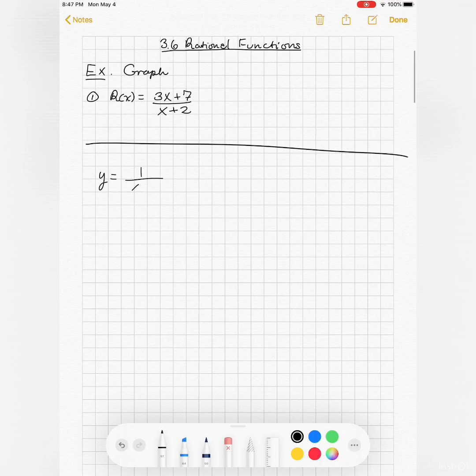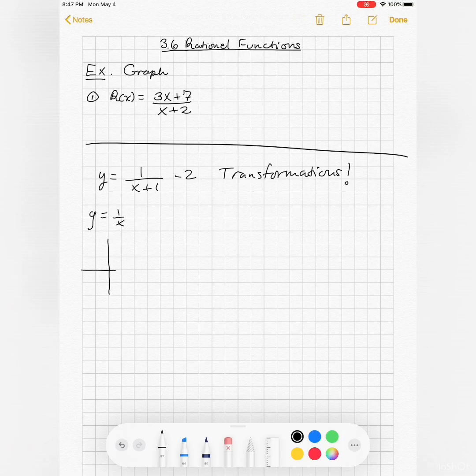Just think about something like this for a second. If I had something like that, I could actually graph it by transformations. Why? Because the base graph would be the reciprocal function.